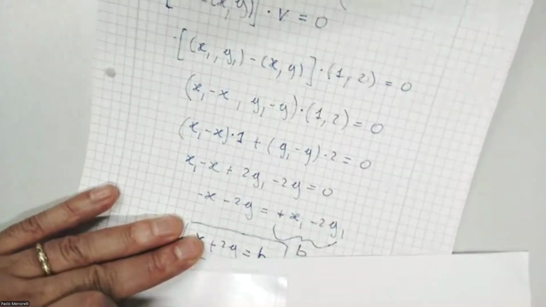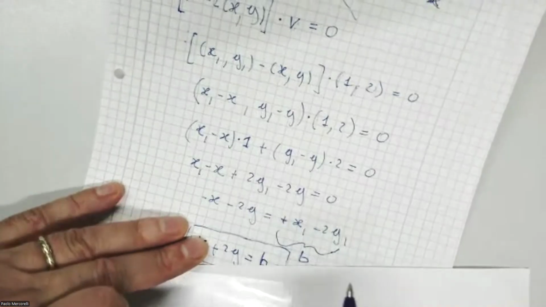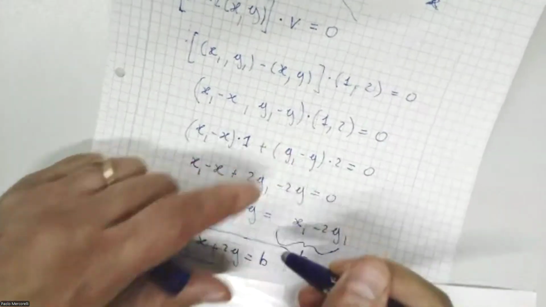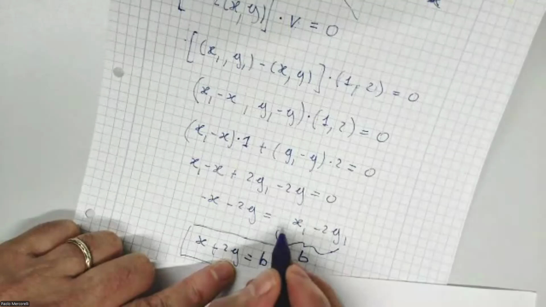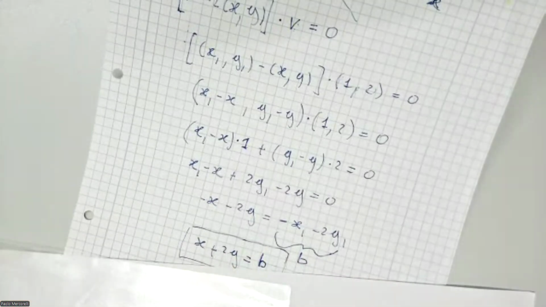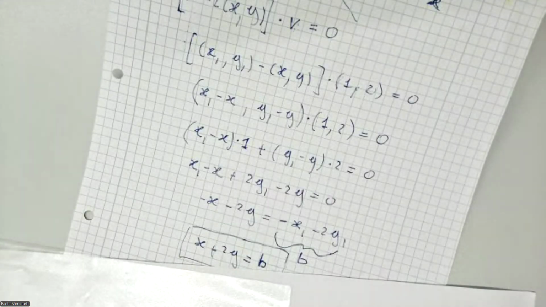So, no? No, that was correct. It was correct, right? Excuse me, it was correct. What is wrong?